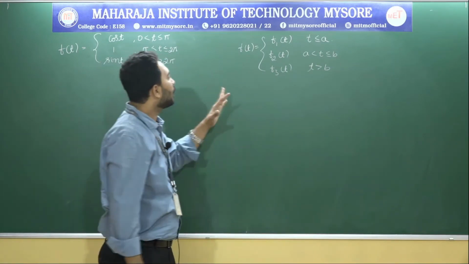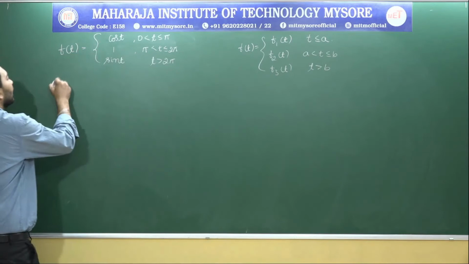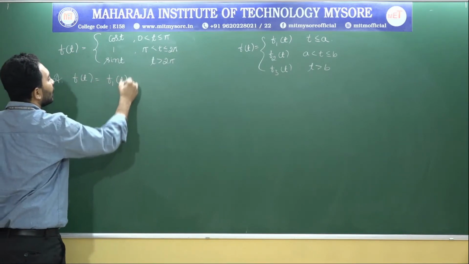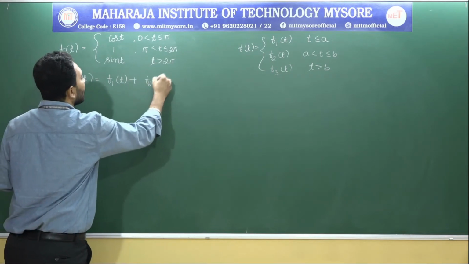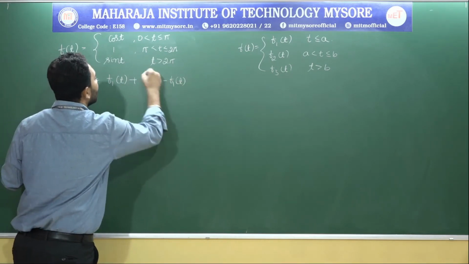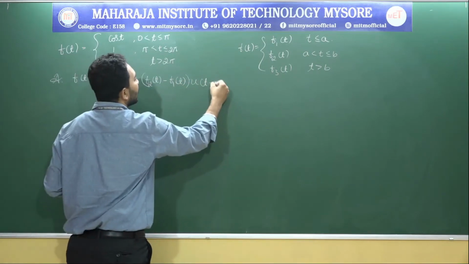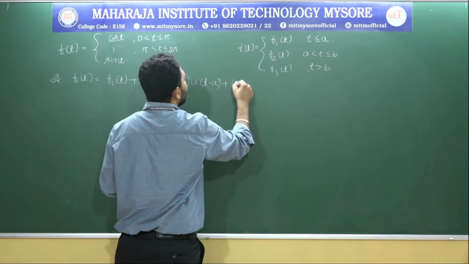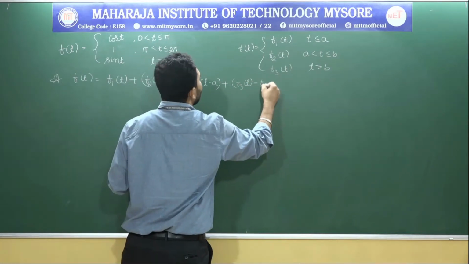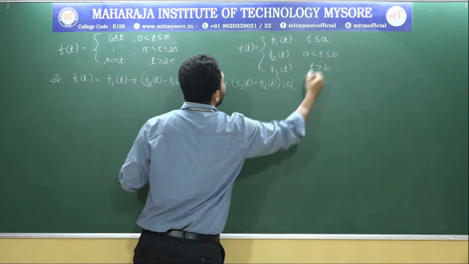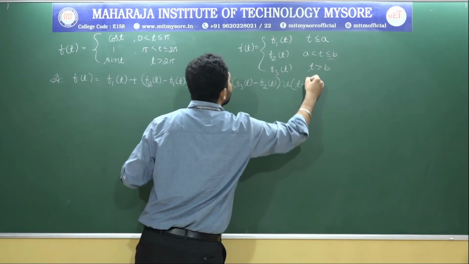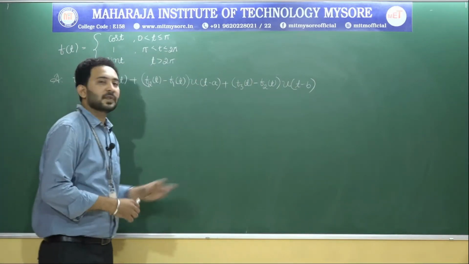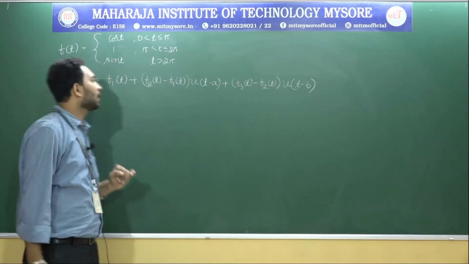Then f of t equals f1 of t plus f2 of t minus f1 of t into u into t minus a, and next plus f3 of t minus f2 of t into u into t minus b. So this is the required unit step function form.